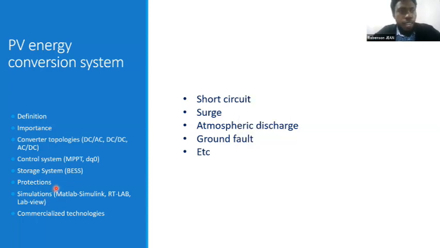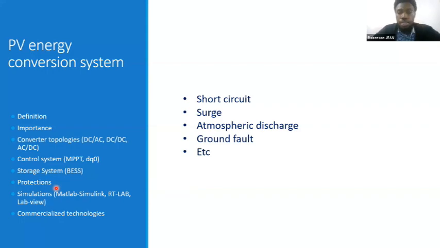And also, to perform a PV energy conversion system, we're not going to design it in reality directly. That's why we use simulation systems like MATLAB Simulink, RTLab, and LabVIEW.